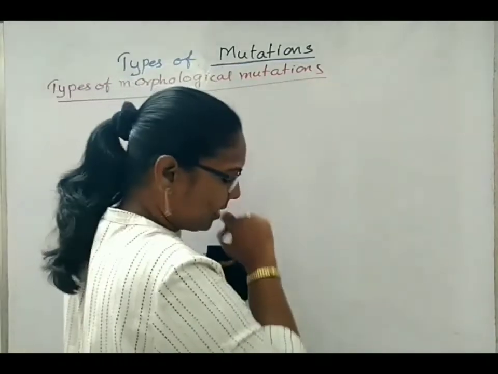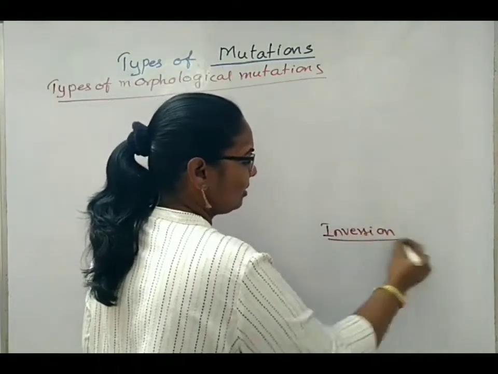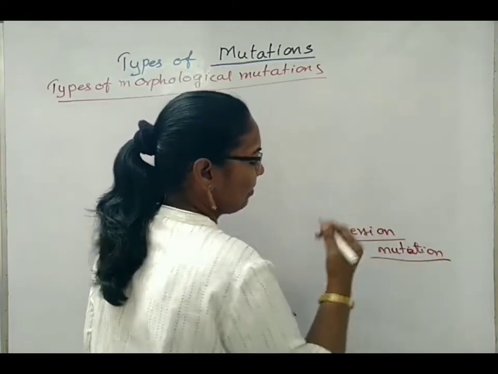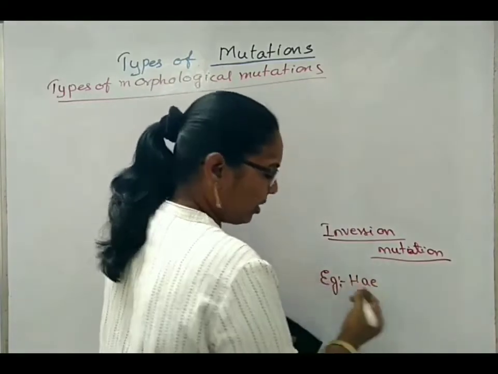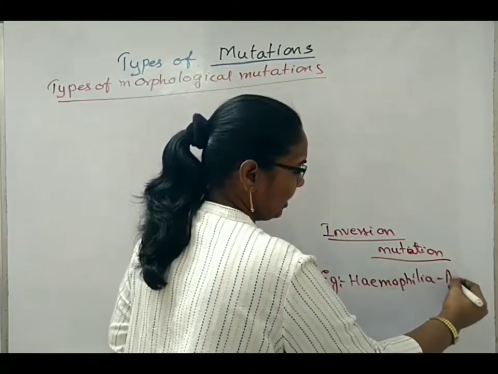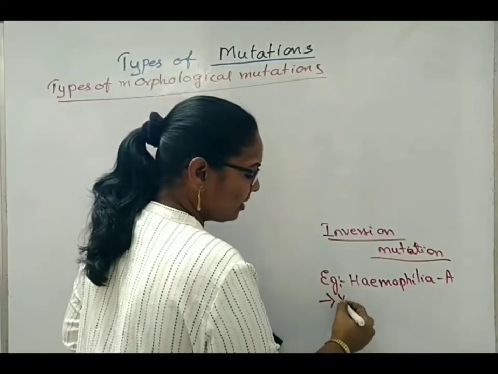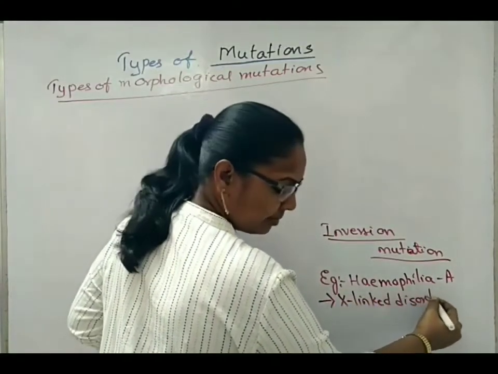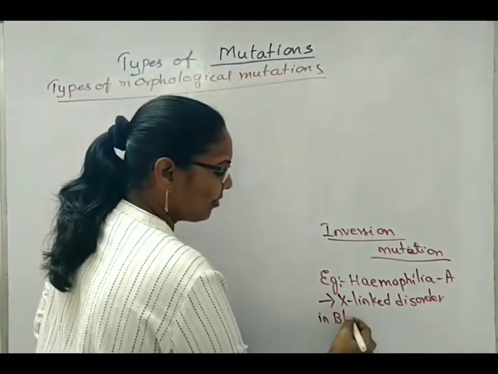So, I did not tell you an example under inversion type of mutations. Let's take one example of inversion mutation: hemophilia A type of disorder. This type of disorder is considered an X-linked disorder in blood clotting factor 8.